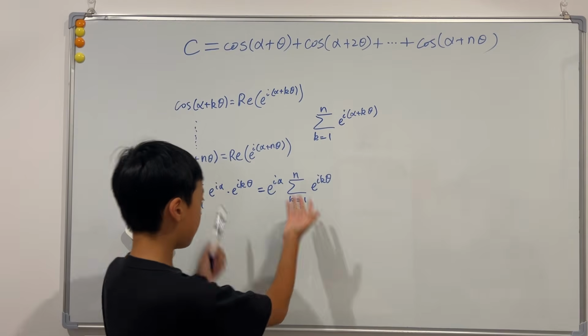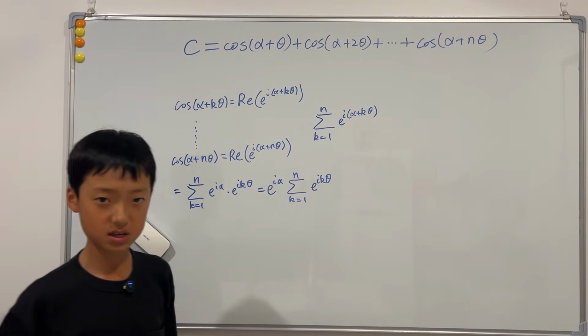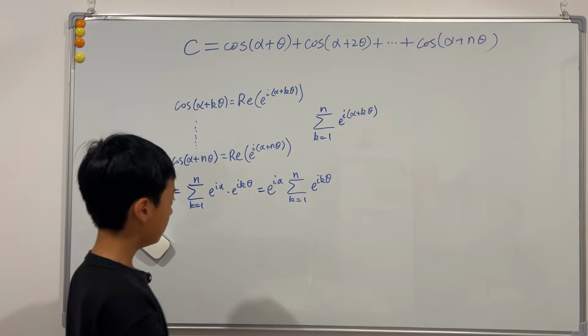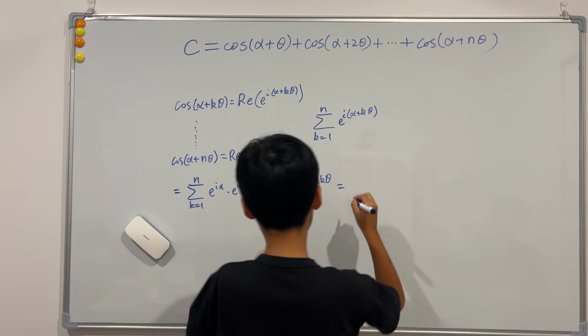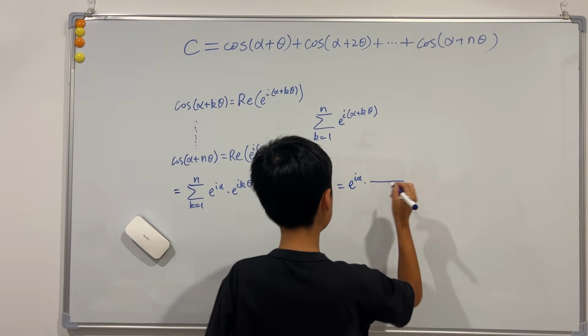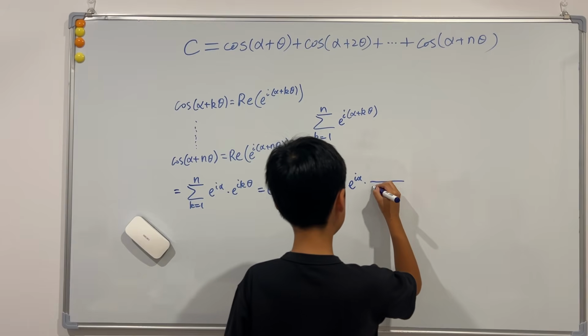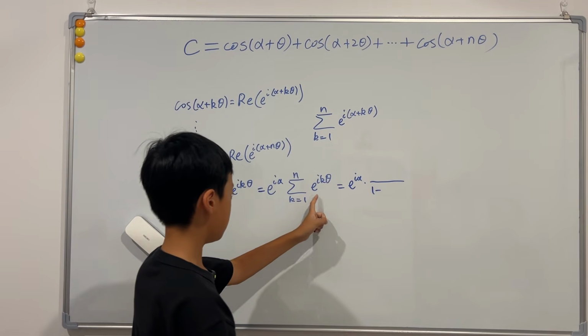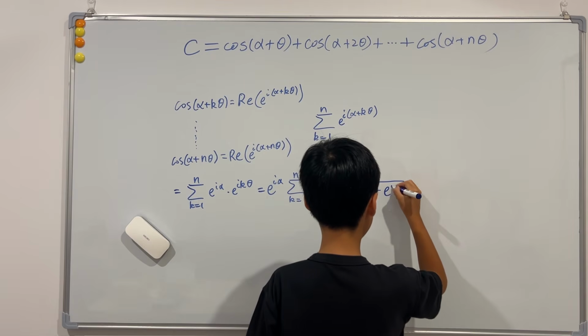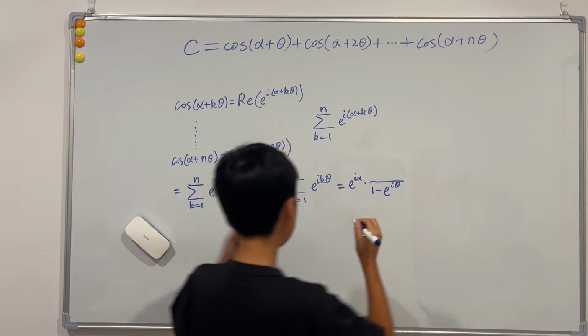Now this is just a very simple sum of GP. Now, do you remember the formula? Well, I'm going to tell you. The bottom is 1 minus the common ratio, which is e to the i theta.